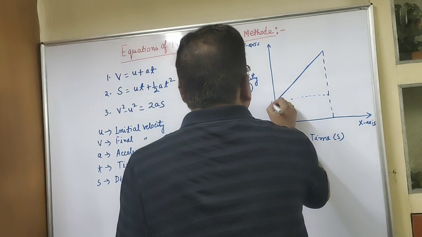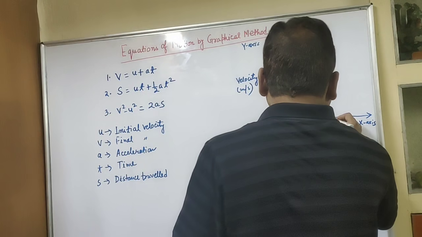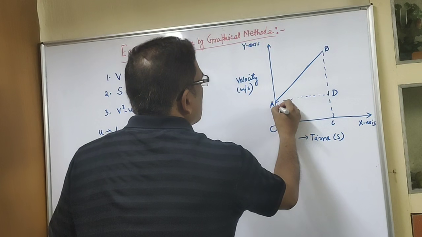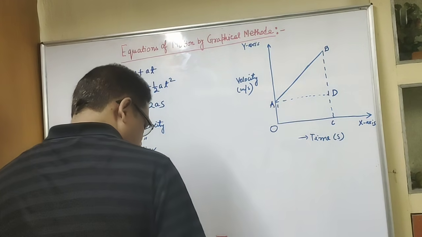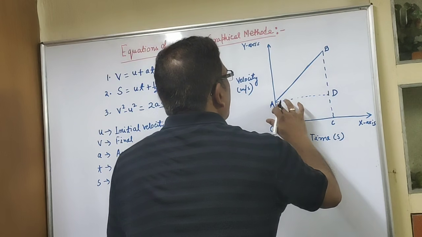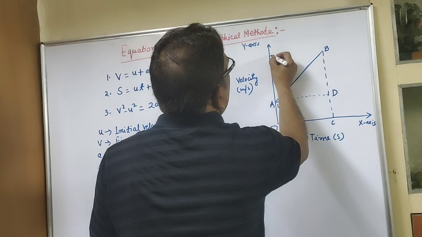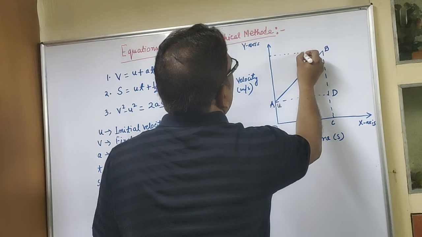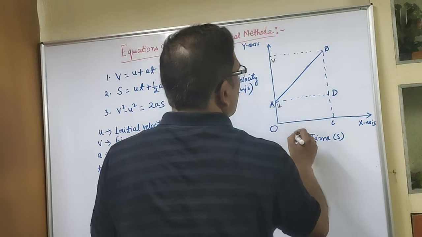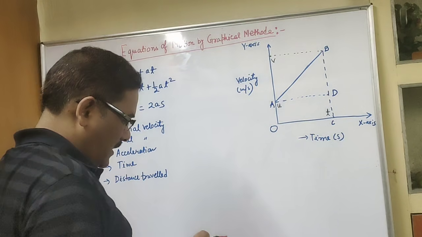Mark these points, let A, B, C, D. At point A, let initial velocity be u, and when it reaches point B, its final velocity becomes v, and this is the time interval t, isn't it?